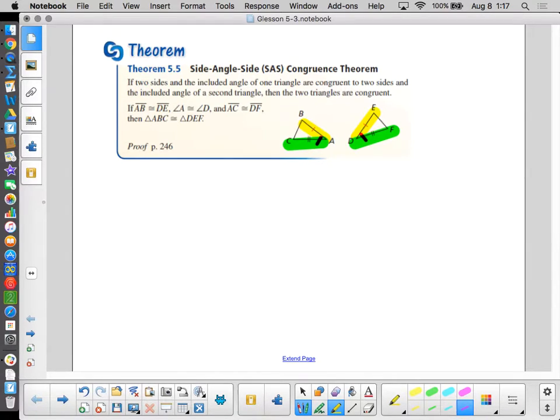So it has to be in the order side, angle, side. It can't be side, side, angle. It's got to be the angle between the sides. And when that's true, then we have congruent triangles. And the reason why we have them is my congruence theorem, which is side, angle, side.